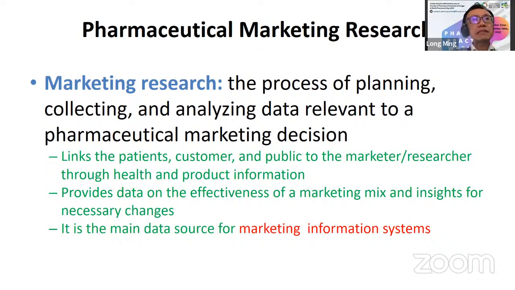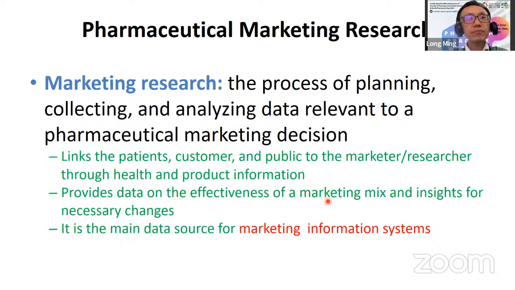so the research can provide data on the effectiveness of the marketing mix used, as you know, the 4P, and provide necessary changes just in case, for example, if you see the sales have become slow, people have slowly shifted to another type of product, then what you can do to regain the confidence or regain the sales.